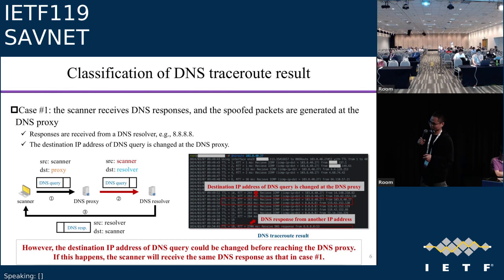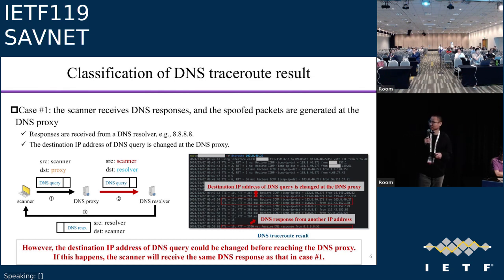We send the DNS query to this target, and we found at the 12th and the 13th hop, the destination IP address is changed to 48, and then the spoofed packet is sent to the DNS resolver 48. Finally, the DNS resolver sent back a DNS response to our scanner.